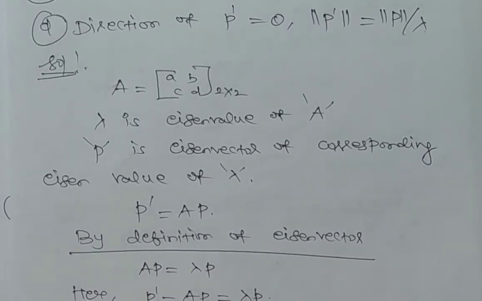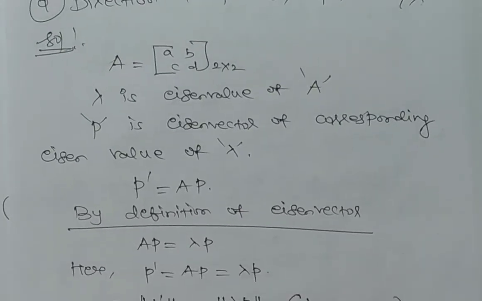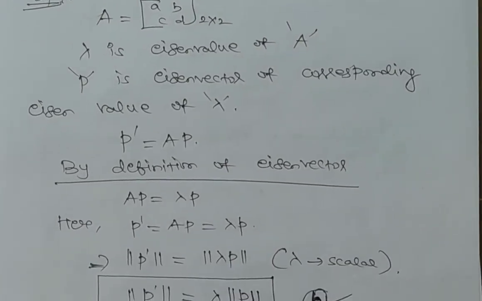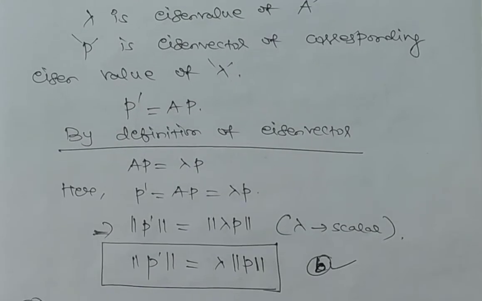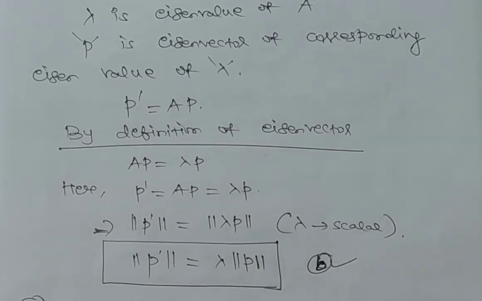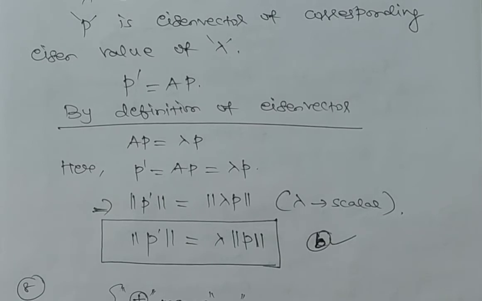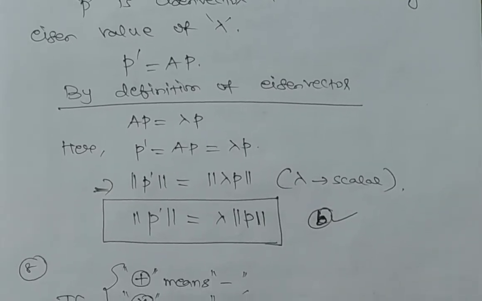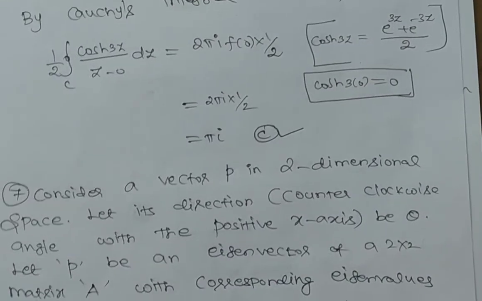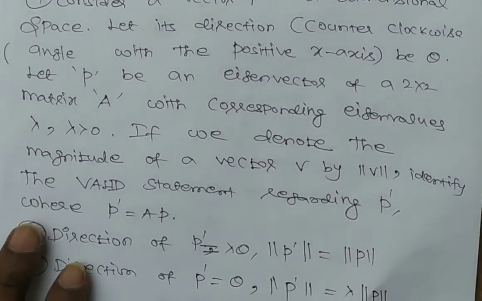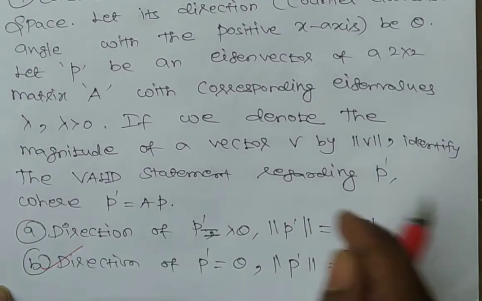By the definition of eigenvector, AB equal to lambda B, so B dash equal to AB which is equal to lambda B. Then take norm on both sides. Norm of B dash equal to norm of lambda B, lambda being a scalar, then norm of B dash equal to lambda into norm B, which is option B. B is the correct option.